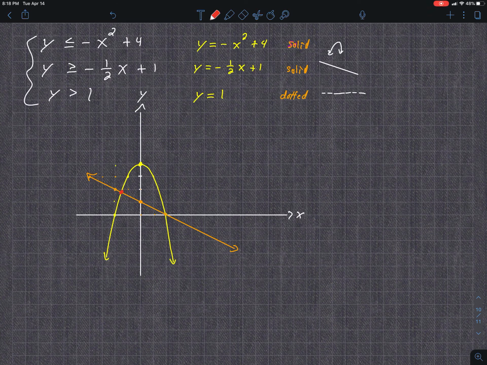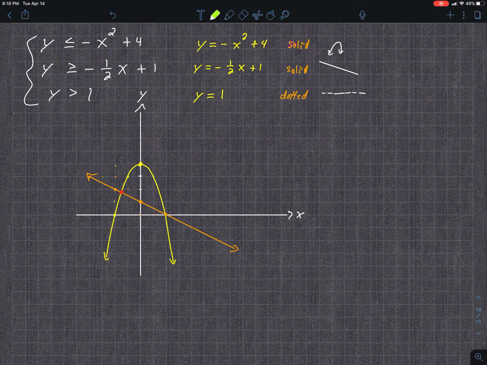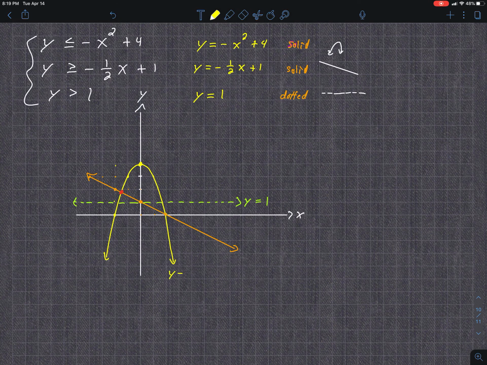So since y is on the left-hand side, we can actually read these off up or down, basically. So y equal to 1 is our next one. Let's change that to green. And it is this y equal to 1, like that. So that's y equals 1.